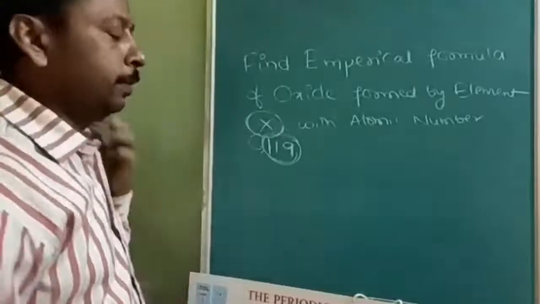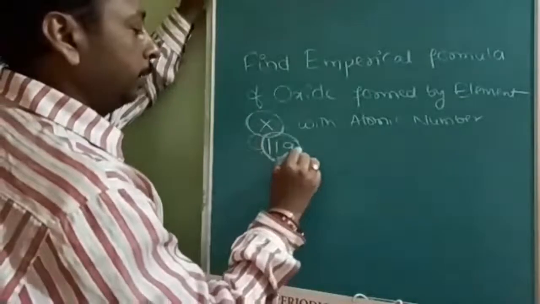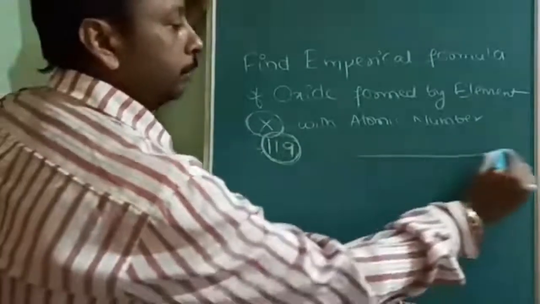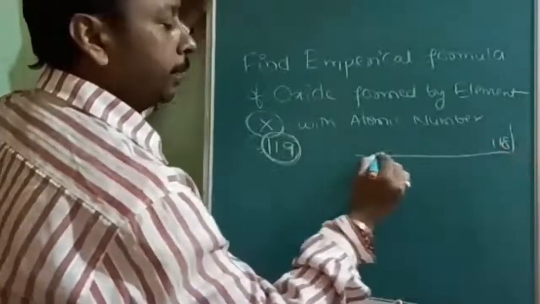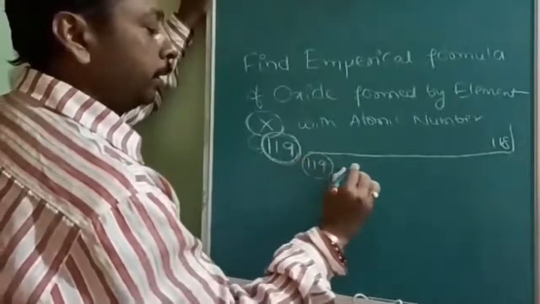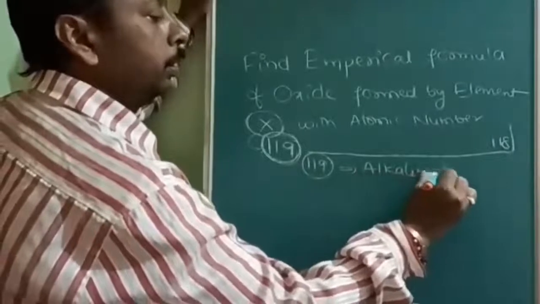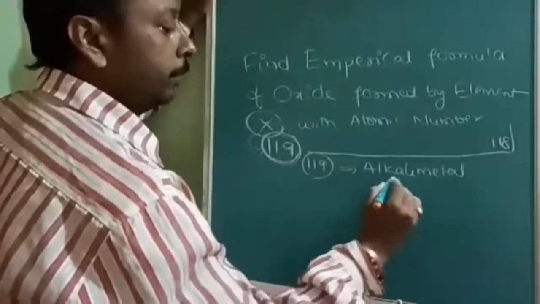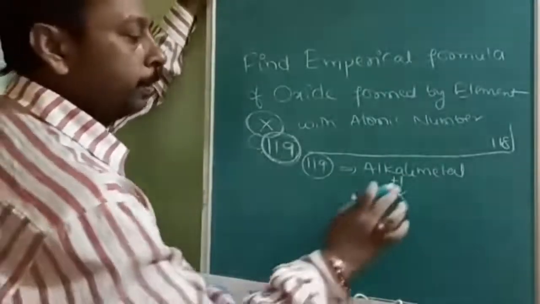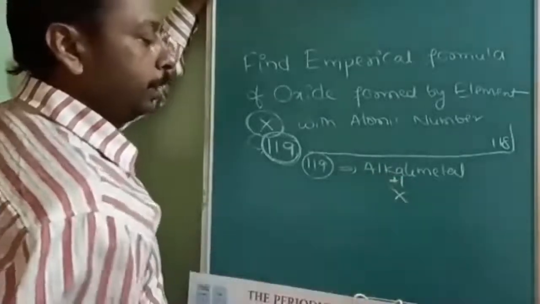Now I am explaining here, listen carefully. The element with atomic number 119: as of now we have 118, so 119 will be an alkali metal. Once it is an alkali metal, everybody should be aware that its oxidation number is going to be +1. All alkali metals show a single oxidation state of +1.